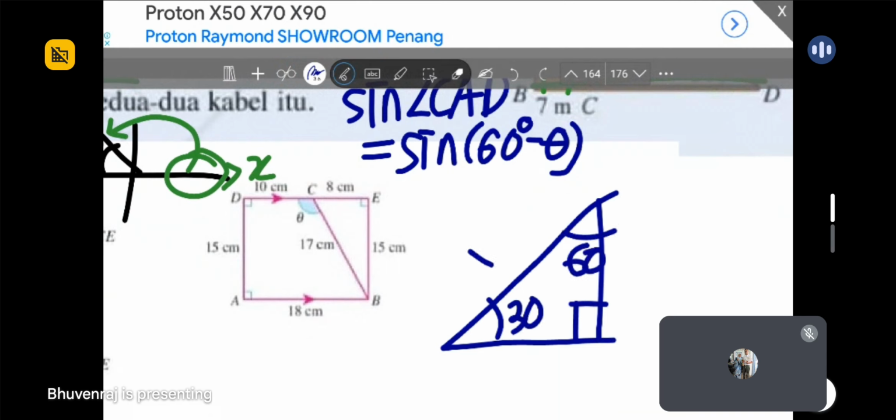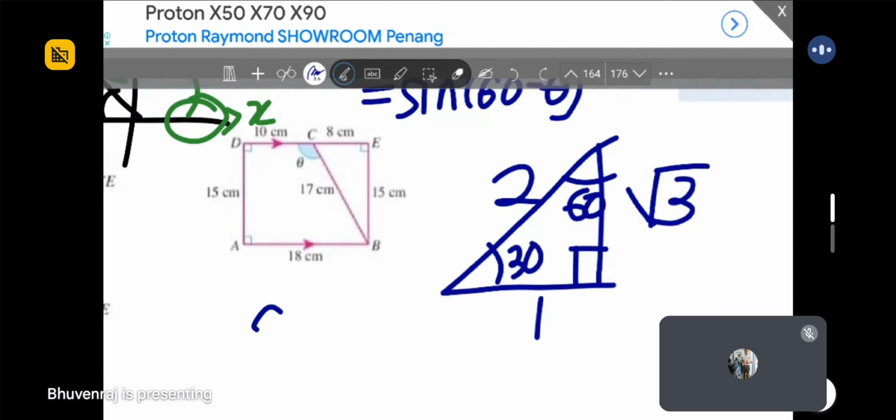The values are root 3, 1 and 2. Ini nilai dia. 2 should be over here. Okay, 2, 1, root 3.